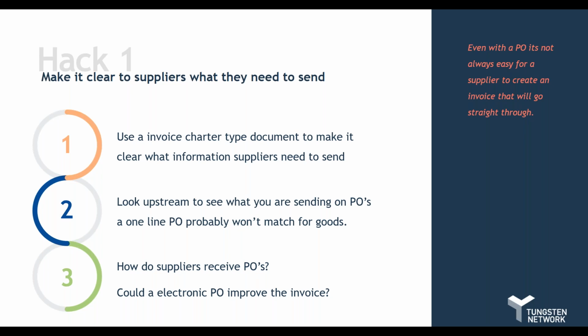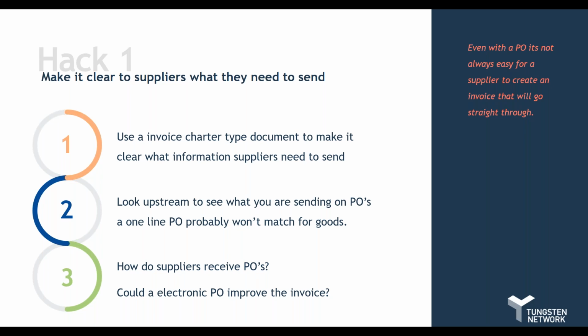But also, how do suppliers receive their POs? When I was a supplier, I basically saw electronic purchase orders and electronic invoices coming very much together. So I would actually say that I wouldn't do electronic invoicing unless I had an electronic purchase order. You will get suppliers like that.